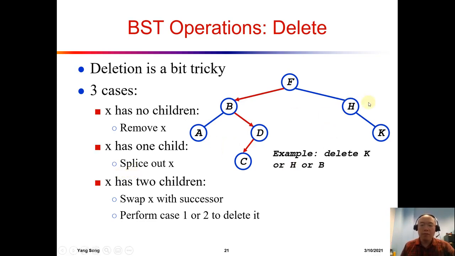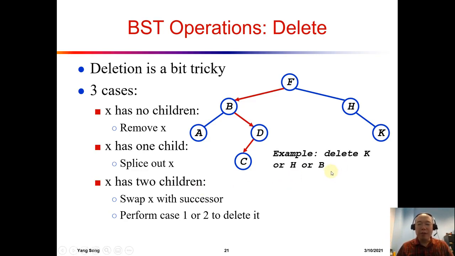We throw H away, but we connect H's parent to H's only child. So F will refer to K as the right child. Because H has only one child, the only child takes the position of H.